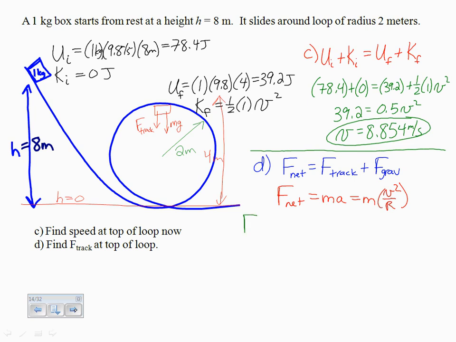So we're looking for the force of the track plus the force of gravity, which is 1 kilogram times 9.8 meters per second squared. And we set that equal to the mass of 1 kilogram times the speed, 8.854 squared, divided by the radius of the circle, which is 2 meters.